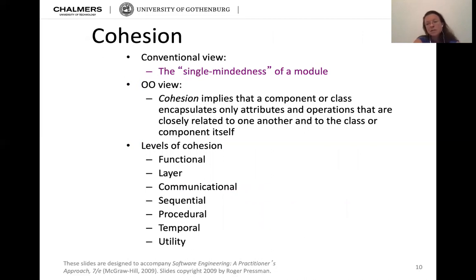So same idea, but in a few more words and a little bit more specific. There can be several levels of cohesion. There can be functional cohesion, layer cohesion, communicational, sequential, procedural, temporal, and utility. So cohesion is something that you will come across over and over again in your software engineering career.